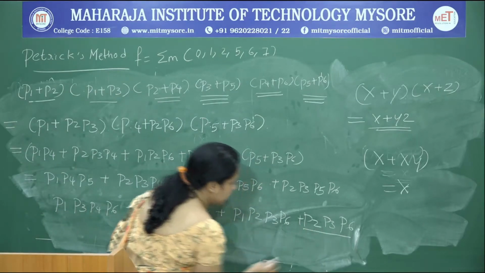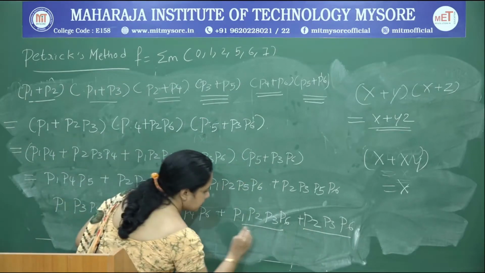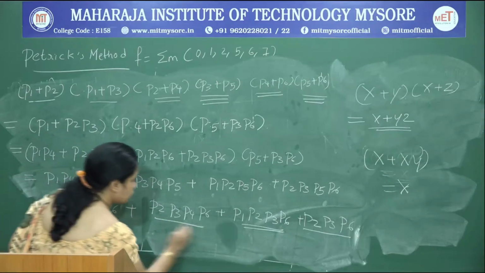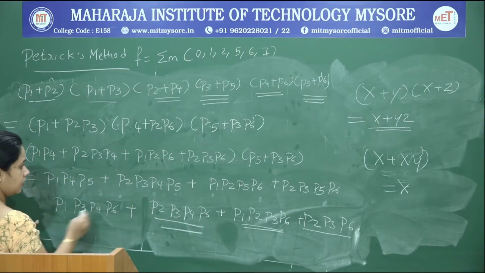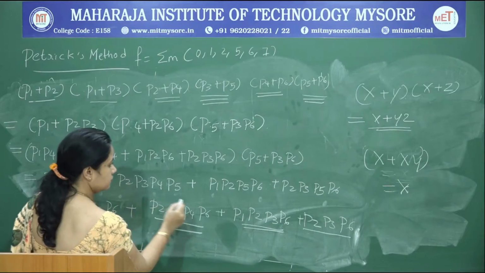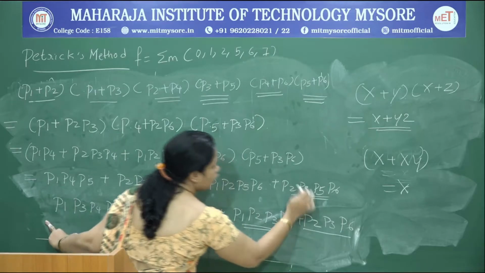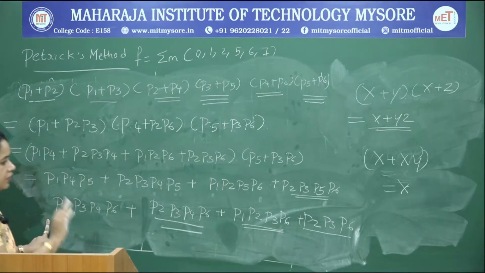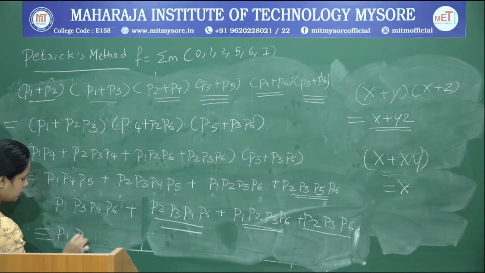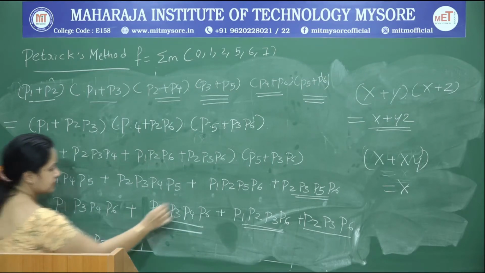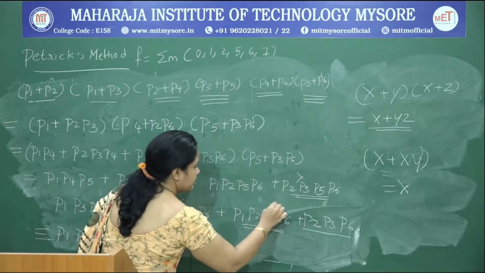So just look for P2 P3 P6. It is present here, it is also present here, and P2 P3, it is present here. So all these three terms get reduced. So we end up getting P1 P4 P5, this gets eliminated, this is eliminated and this is eliminated.